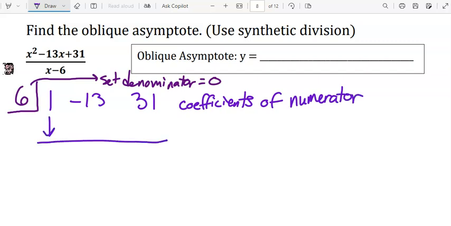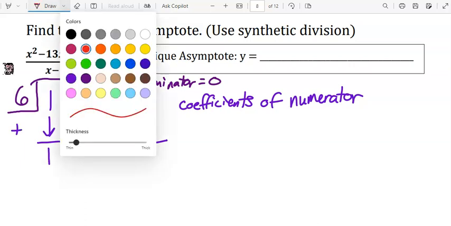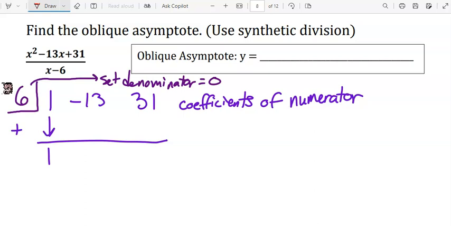Bring down the first coefficient. From here, to get this number, we do 1 times 6.